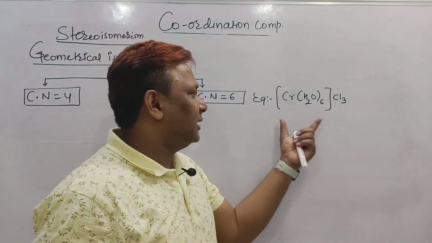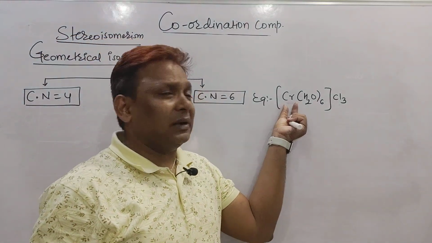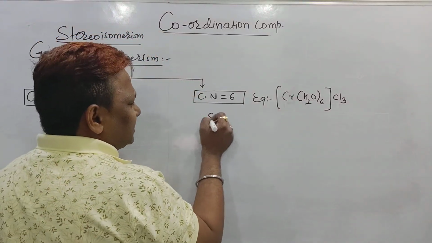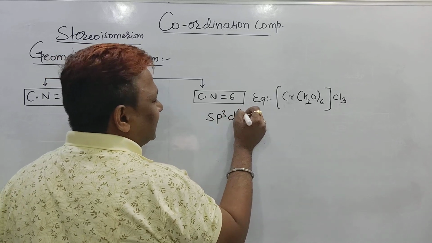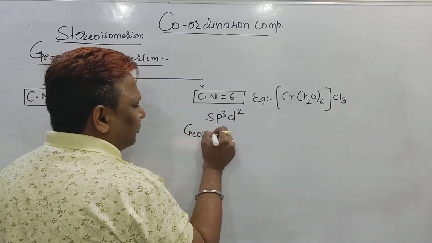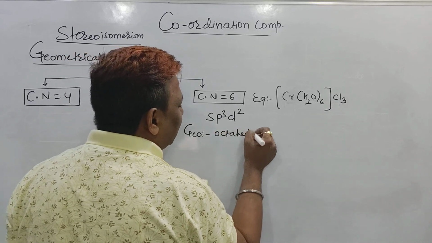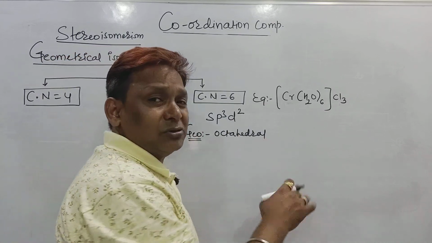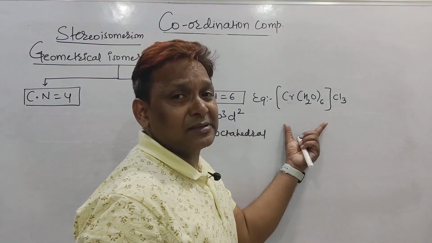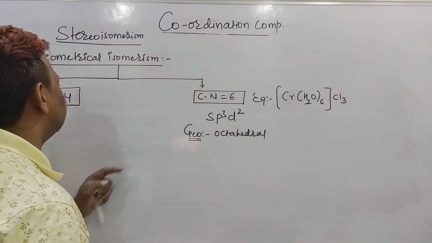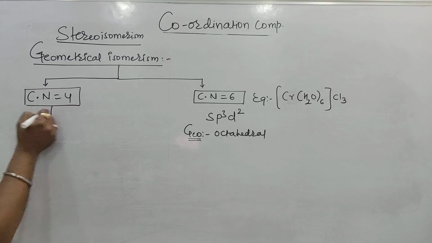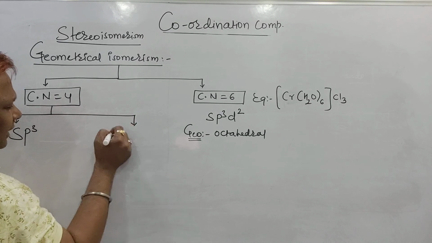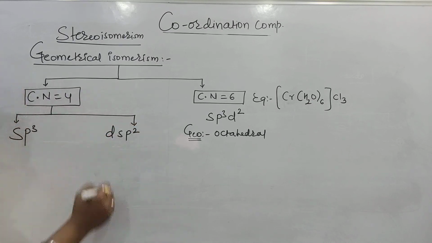So this is a complex compound in which the central metal atom chromium has coordination number 6. Coordination number 6 means it may have sp3d2 hybridization, so the geometry of the molecule is octahedral, where we have to check geometrical isomerism in the complexes. Second, for coordination number 4 there are two possibilities: one may have sp3 hybridization and another dsp2 hybridization.